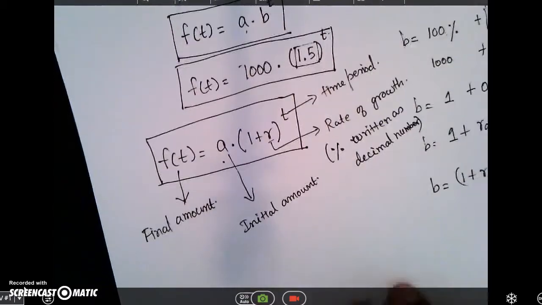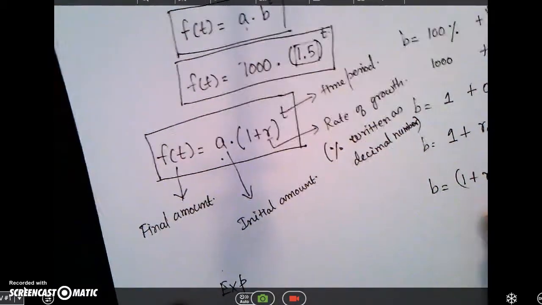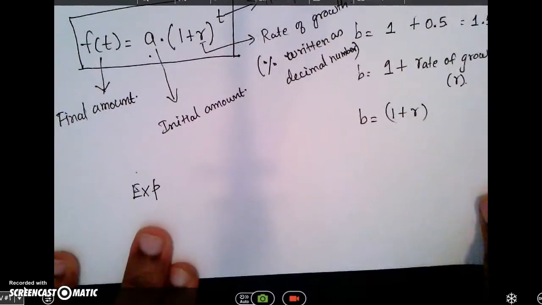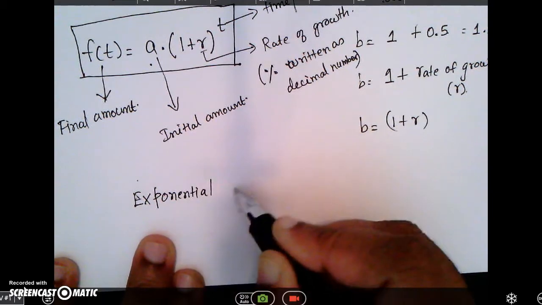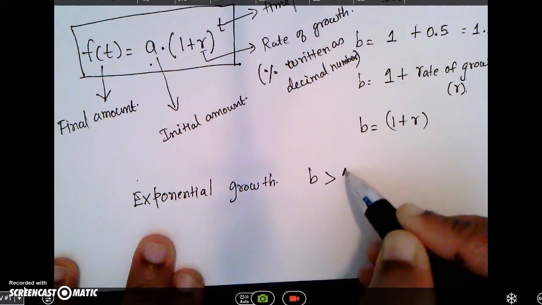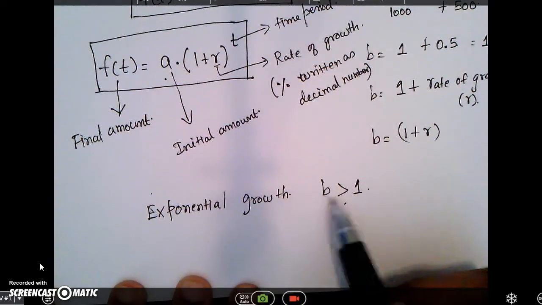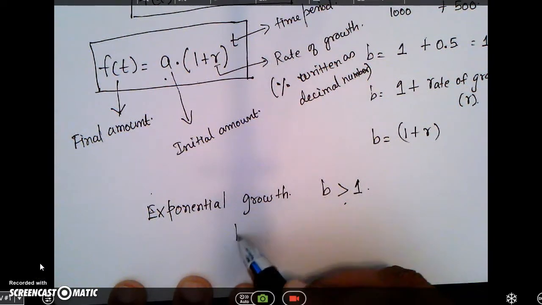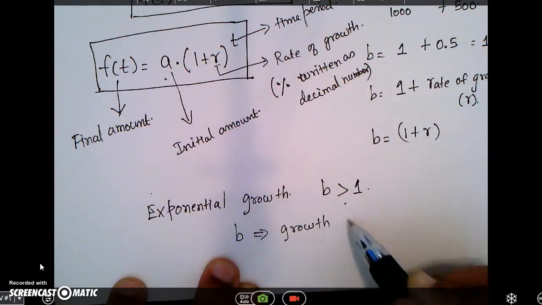Okay. So as you can notice, for exponential growth, your b has to be greater than 1. Otherwise, there is no growth. The b is called the growth factor.